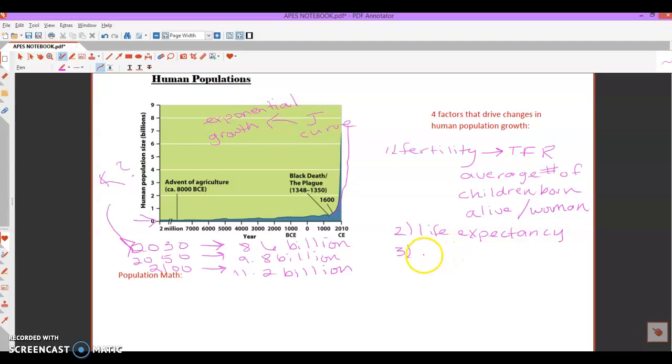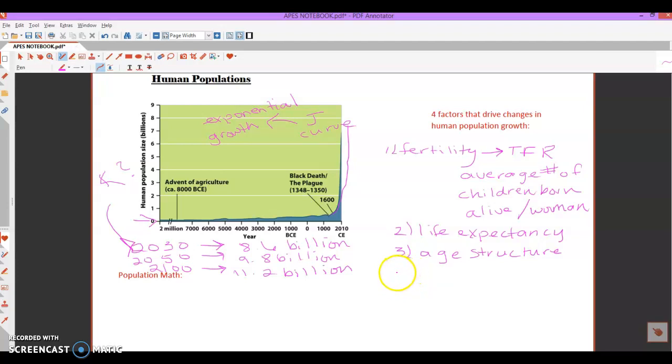The third factor is age structure. So, age structure we're going to learn about when we talk about population pyramids, because it's going to show us what percentage of the population is within reproduction age and what percentage of the population is post-reproductive age.